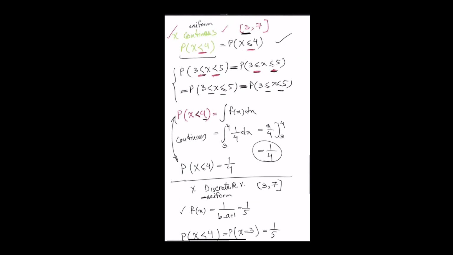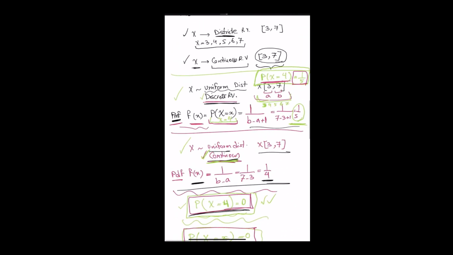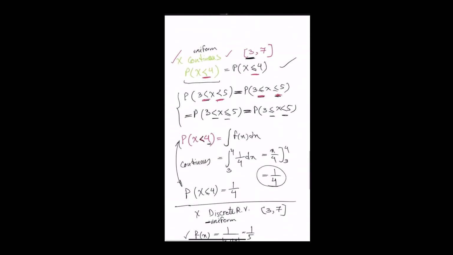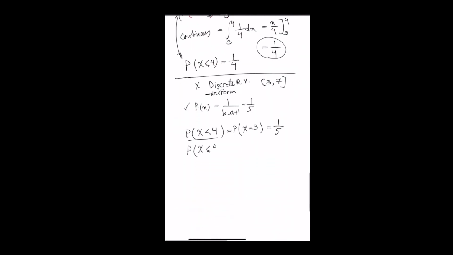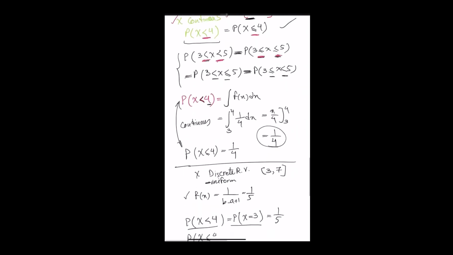This was the formula that we used for this random variable, and the probability of x less than 4 means the probability of x equal to 3, which is this. In the continuous scenario, the probability of x less than 4 and the probability of x less than or equal to 4 are all the same, 1 over 4.